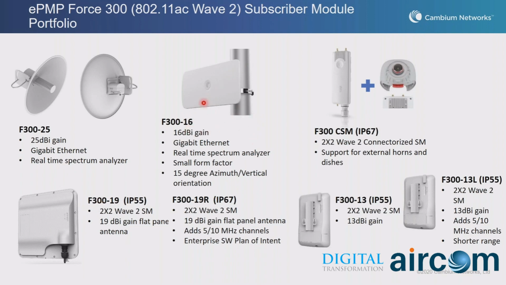Now, there are situations where the integrated antenna gain will not be sufficient for the type of range or design that you want to achieve. In those situations, you need the FOS 300 CSM, and CSM there stands for connectorized subscriber module. So you use the connectorized subscriber module whenever you need a gain that is higher than 25 dBi.